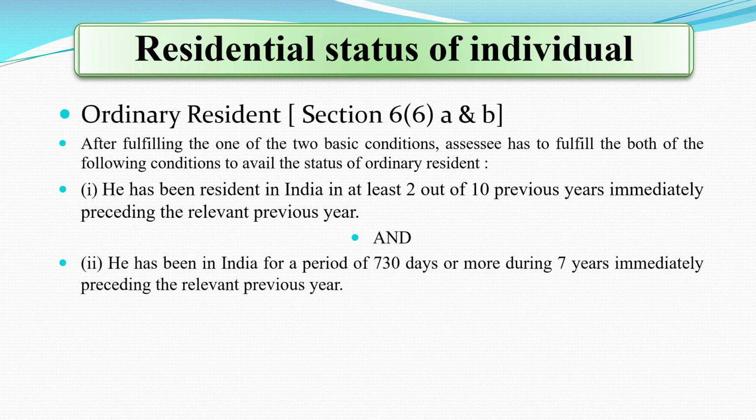Now, a resident is of two types: ordinary resident and not ordinary resident. The person will get the status of ordinary resident if he satisfies two additional conditions.